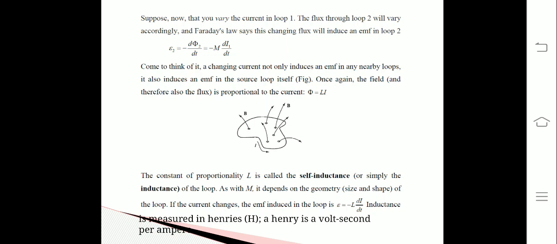A changing current not only induces an EMF in any nearby loops, it also induces an EMF in the source loop itself. Once again, the field is proportional to the current, so the magnetic flux is proportional to current. Phi is equal to L I. Here L is the constant of proportionality, called self-inductance.